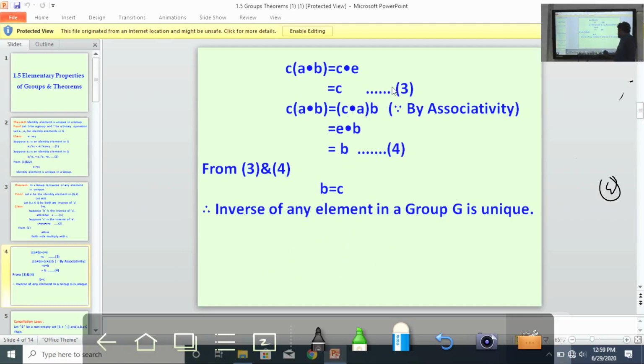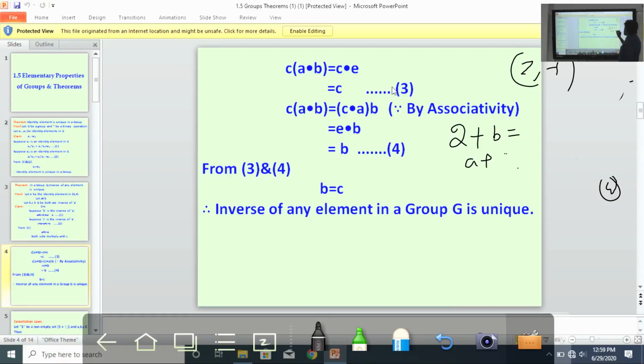For example, take Z plus. Z plus is a group. What is the additive identity? 0. What is the additive inverse of 2?